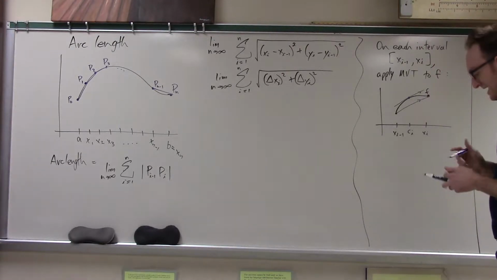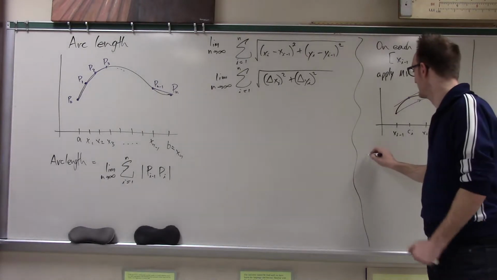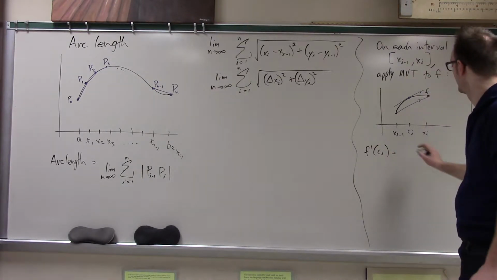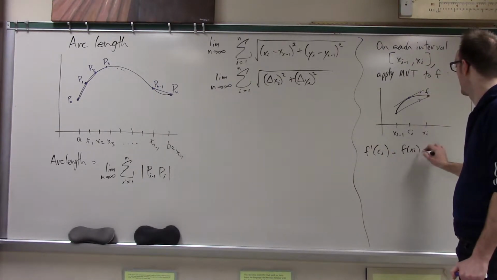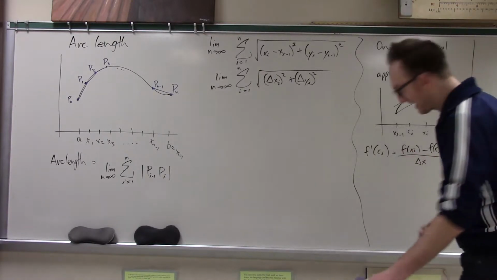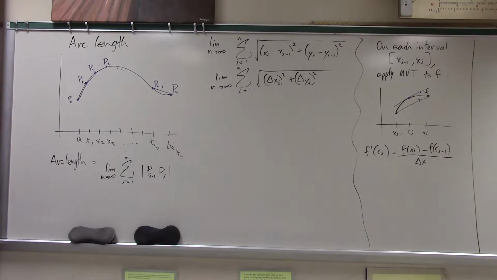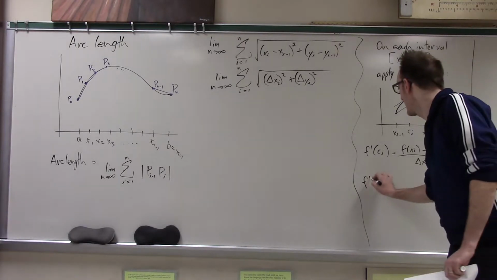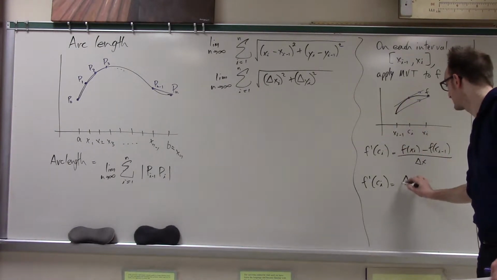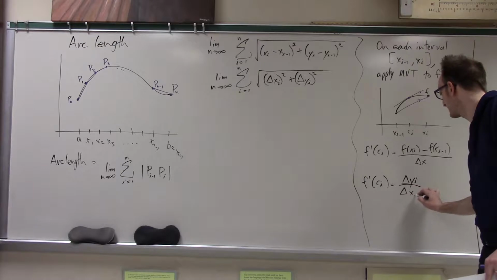So f prime at c sub i is f of x sub i minus f of x sub i minus 1 over delta x. What is this? This is just the change in y on the ith interval, and this is just the change in x on the ith interval. So f prime of c sub i is what I called delta y sub i over delta x sub i.